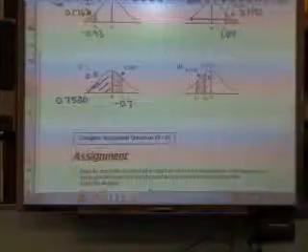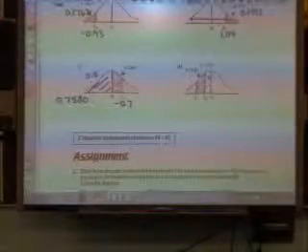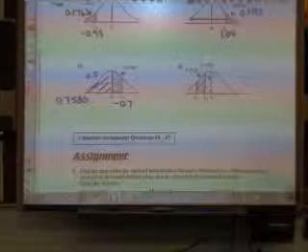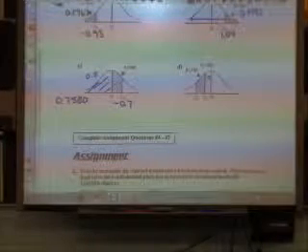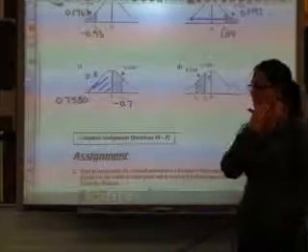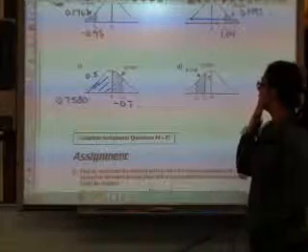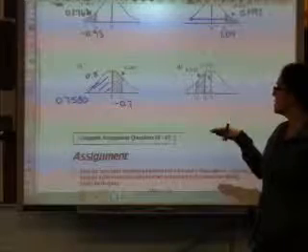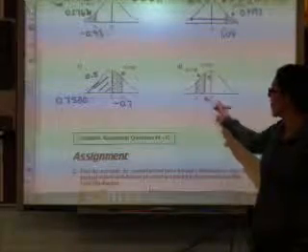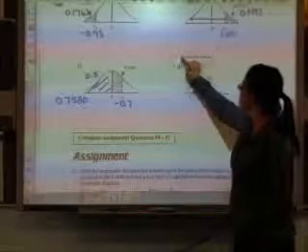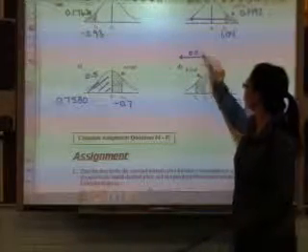D is probably the trickiest one. What I have to look for in D is I have two Z-score values I have to find. So I have Z-score 1 and Z-score 2. Z-score 2, the one thing that I know is from here to the end is 0.5.